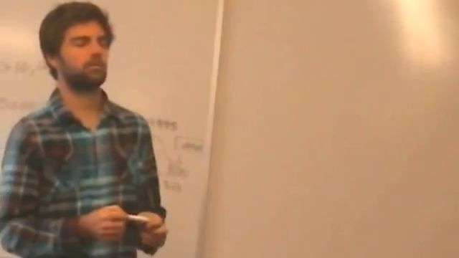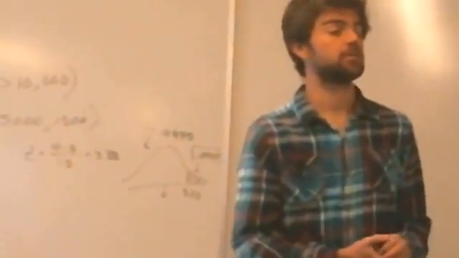Okay. I have two general questions. What is the difference between standard normal distribution and normal distribution? Does anyone know the answer to that? Yes. The standard normal is when you have a mean of 0 and a standard deviation of 1, while a normal distribution just has a mean and a standard deviation.